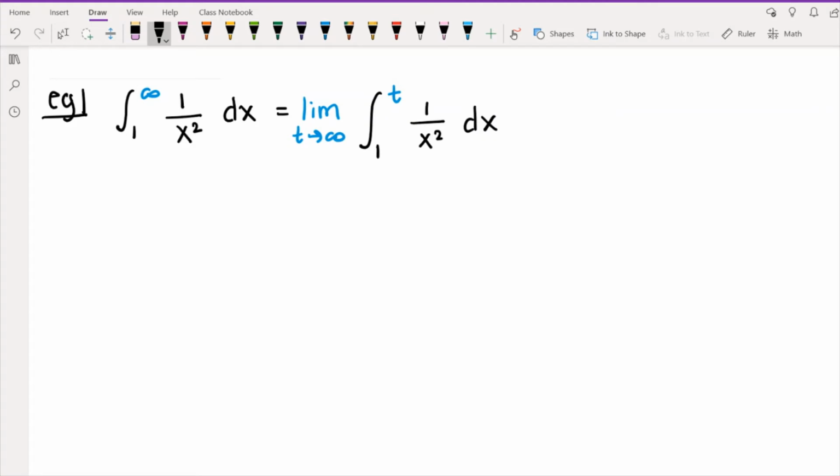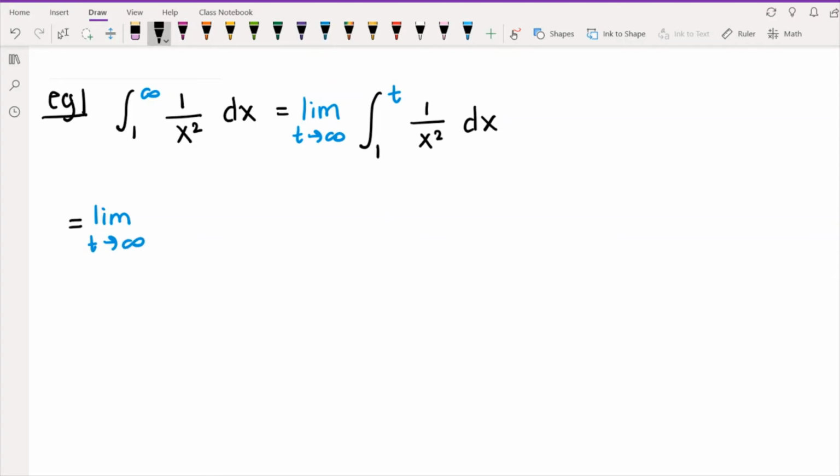So again, I've said this before, but I'm just going to say it one more time. It's really important that you focus first, like you can almost cover up the limit, forget about the limit, focus on evaluating the integral, and then take the limit at the end. So I'm just going to keep writing the limit down as we focus on the integral part. So we're going to have the limit as t approaches infinity.